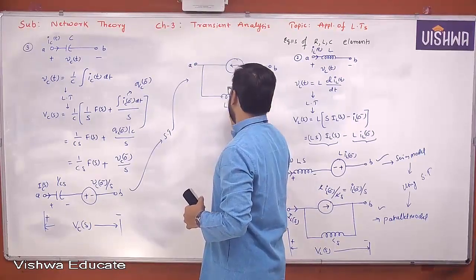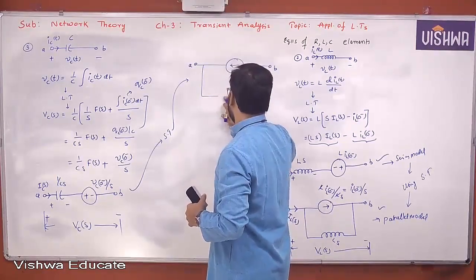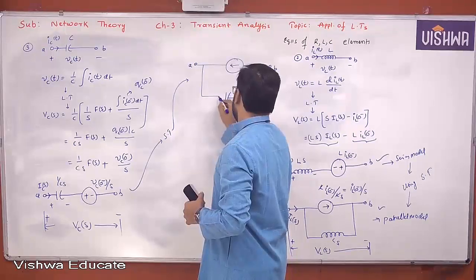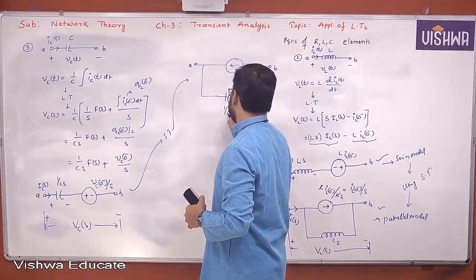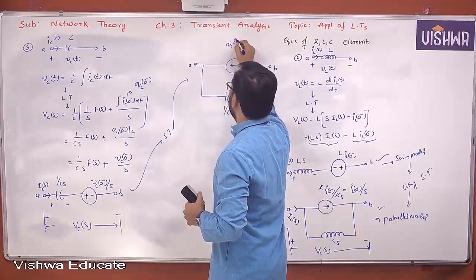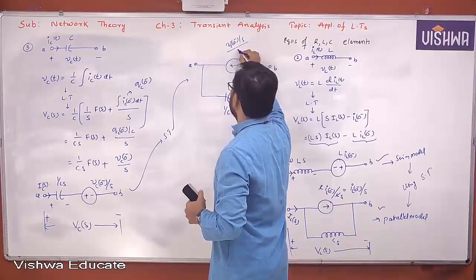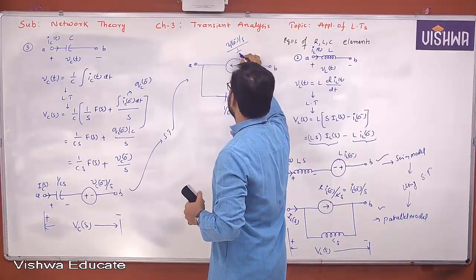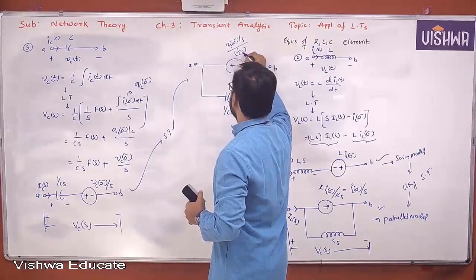this is L, yeah, not inductor, right? Capacitor. Capacitor 1 by CS. What is that you had? VC of 0 minus by S divided by 1 by CS. So what do you get?